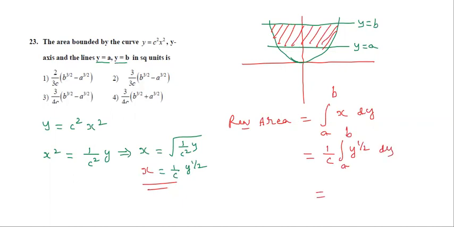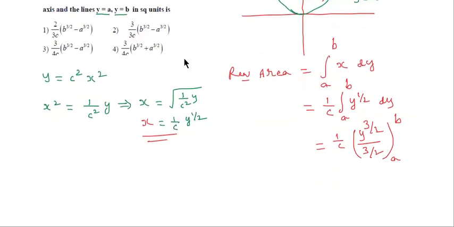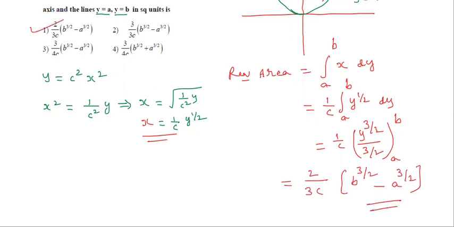So the integration of y power 1 by 2 is y power 3 by 2 divided by 3 by 2. What are the limits? a to b. Now 3 by 2 is in the denominator, send it to the numerator, you will get 2 by 3c. Now substitute the upper limit b power 3 by 2 minus the lower limit a power 3 by 2. This is the answer. Students, observe which option is correct? The first option is correct.